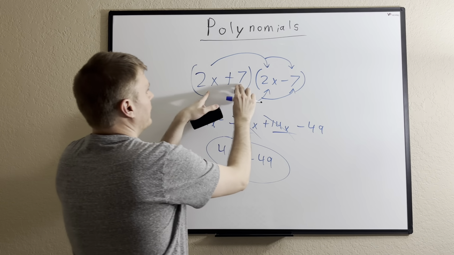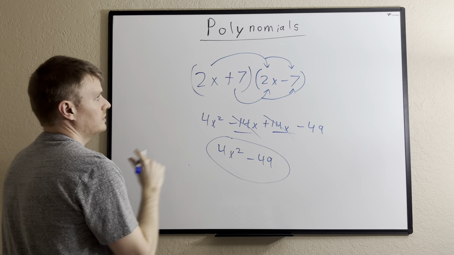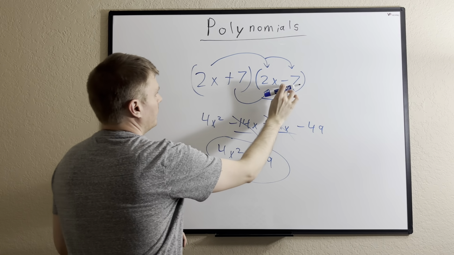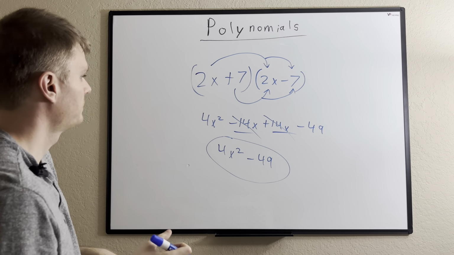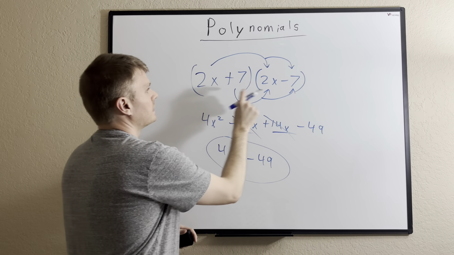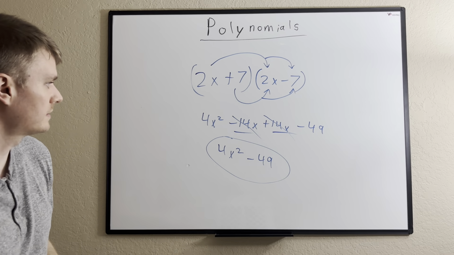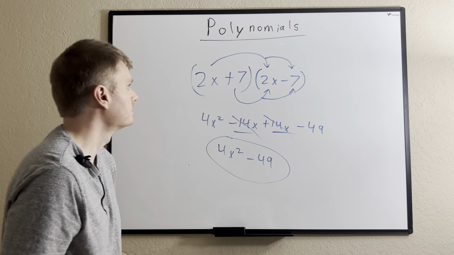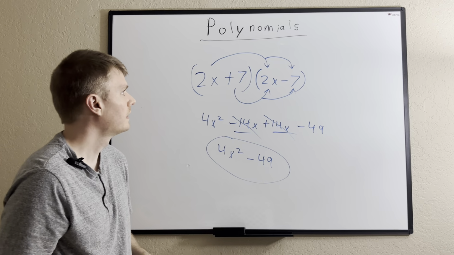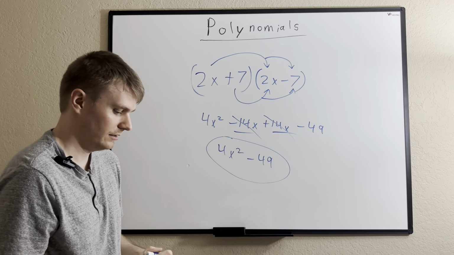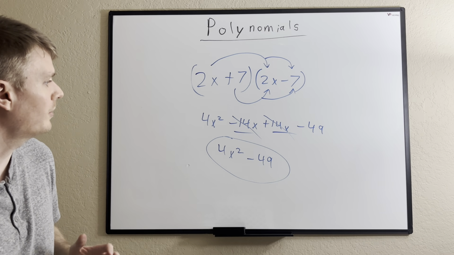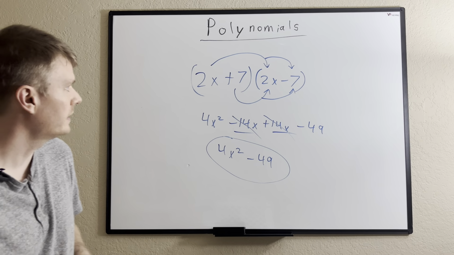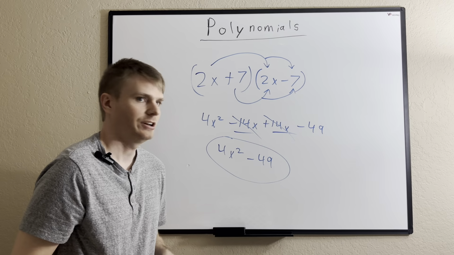These two binomials, they're called conjugates of each other. The only difference is that sign. That's what a conjugate is. And they use that for certain things. Later on, you'll learn. And you've got to know that before you start college algebra class. All right, well, that's it.